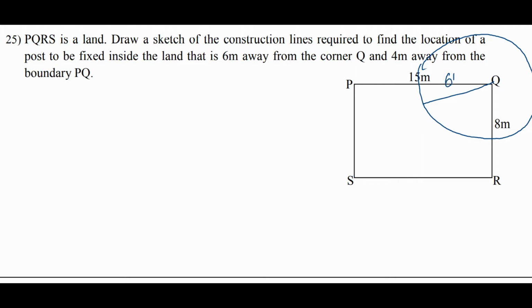Then it should be a circle like this. This is 6 meters. And 4 meters away from the boundary PQ. This is the boundary line PQ. 4 meters away means a parallel line to the boundary PQ. We can actually draw two parallel lines 4 meters away from PQ. But the post is to be fixed inside the land.